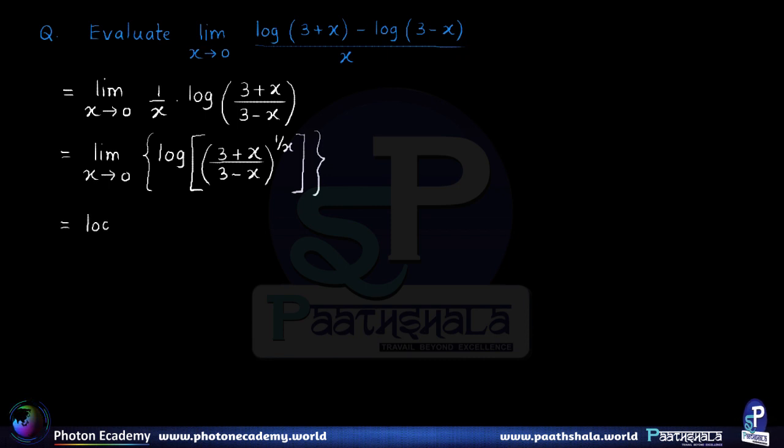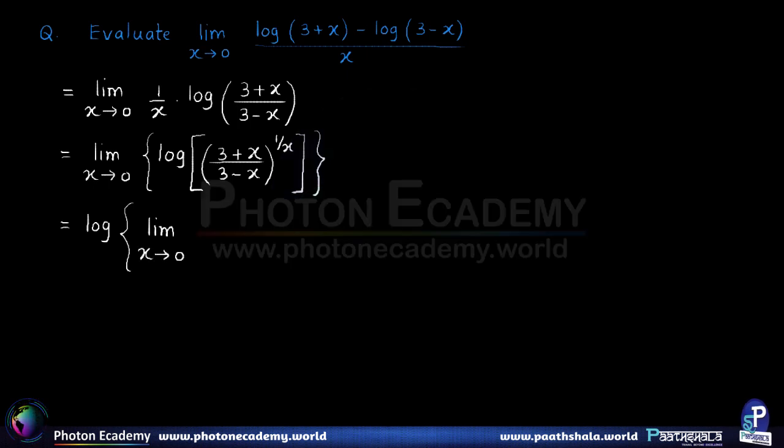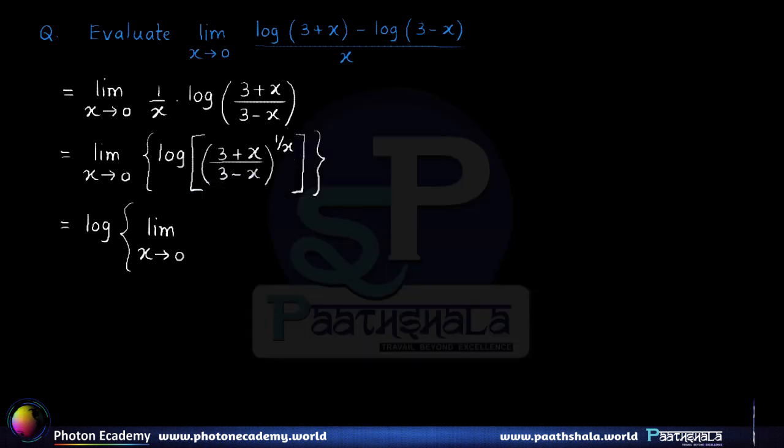I mean, we can take the log of limit now, that is limit of x tends to 0. Now in the meantime we observe that the particular expression that we have inside the inner bracket is (3 plus x) upon (3 minus x) raised to 1 upon x. So this also seems to be of the standard form, but then if you recollect, in the standard form we have the expression as (1 plus x) raised to 1 upon x.